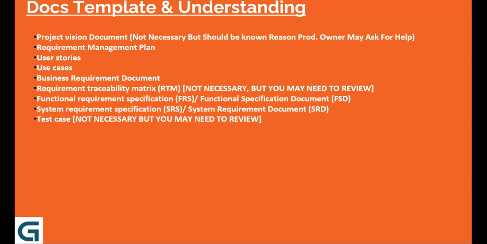Next is functional requirement specification or functional specification document. Now we have a BRD, that is the business requirement document, from the business point of view. Now FSD or FRD is from the functionality point of view, like what all tasks or activities, what is the functionality of your website or web application or mobile application, what all it does.